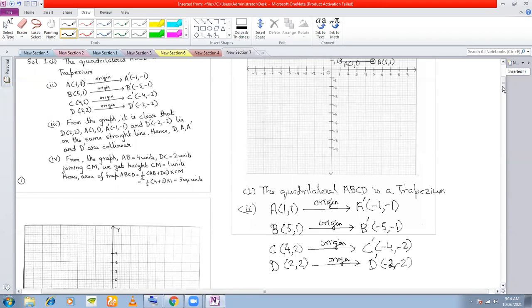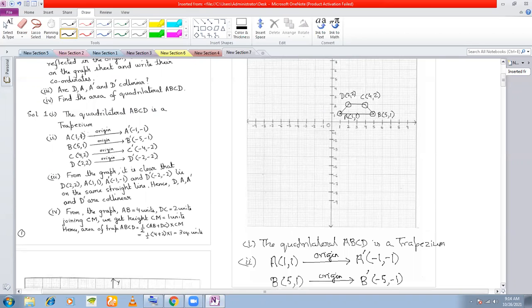So first we plot A dash. A dash is (-1, -1). So (-1, -1) is here. Next is (-5, -1), which is B dash. So (-5, -1) will be here, which is your B dash.